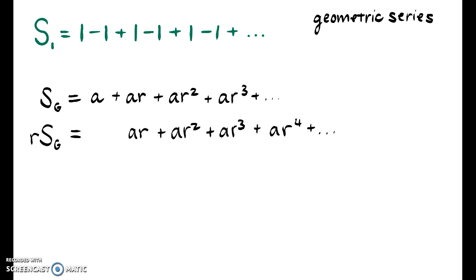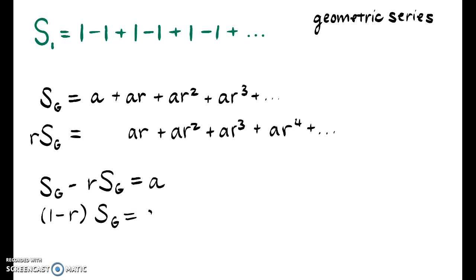And so on. Now, what if we subtract these two? So what if we have S sub g minus r times S sub g? Then we can see that this equals a, and all the ar terms and everything are canceled out. So we find that 1 minus r times S sub g is equal to a.